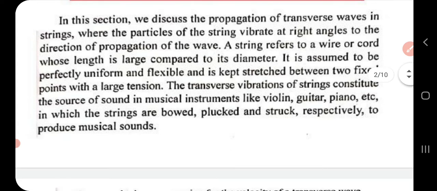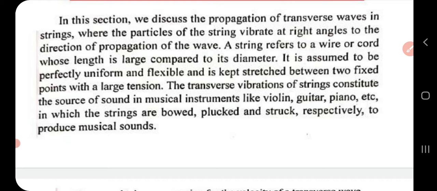Now here a string actually refers to a wire or a cord with length large compared to the diameter. So string means nothing, it is just a wire, and it is assumed to be uniform, flexible, and that string is stretched between two fixed points. So that string will be experiencing large tension.